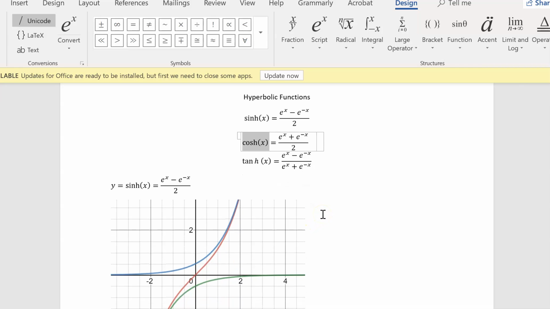Let's take a look at the graph. The red graph is the graph of the hyperbolic sine.